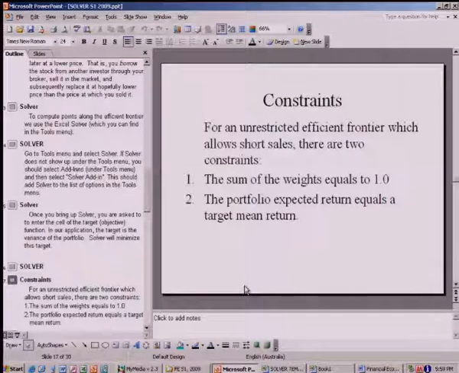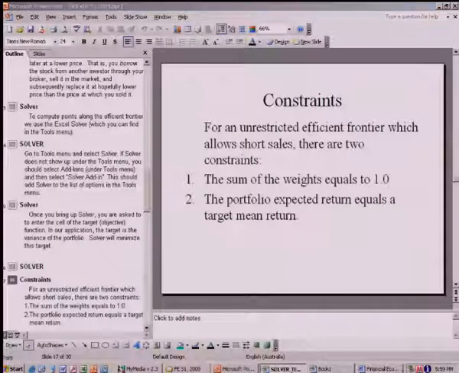Remember what I mentioned previously, you can't invest money that you don't have. So it's only the money that you have that you're investing in this case. How you get that money, whether you're borrowing it from somebody, is another story. Under the second constraint, your portfolio expected return needs to be equal to your target. So I'm saying that this portfolio expected return needs to be equal to what I desire my expected return to be.